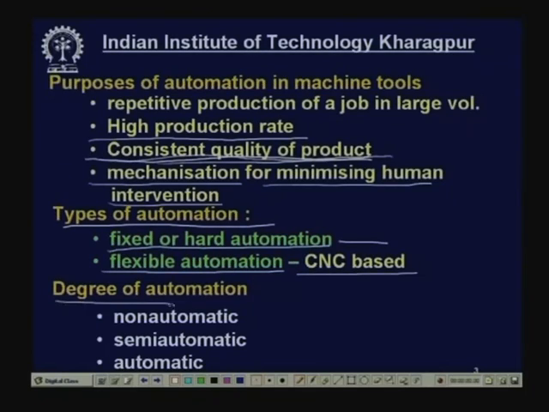Now, the degree of automation. There are different degrees of automation: non-automatic, semi-automatic and automatic. What is meant by this? When you machine a job in a machine tool, say a lathe, first of all you have to mount the job, mount the cutting tool, and adjust the speed, feed and depth of cut. These are all handling operations, auxiliary operations which are not directly connected with chip formation.